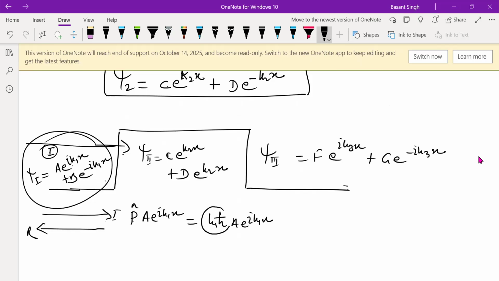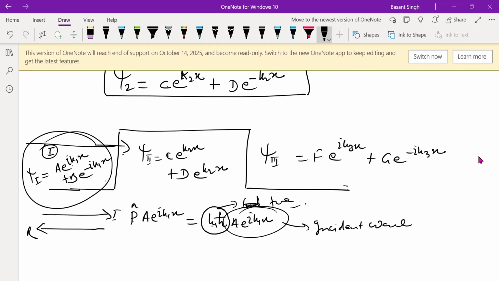So here the positive momentum signifies that this is the incident wave. This is the incident wave, and this is positive.